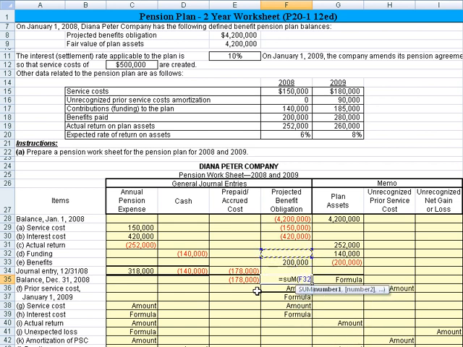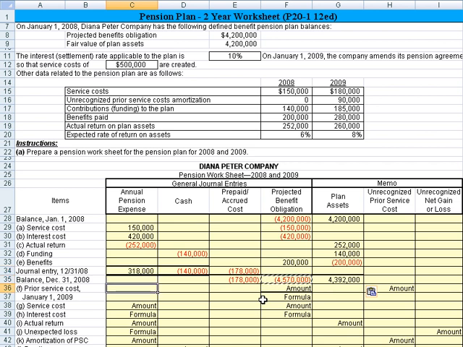This one we can sum from above, and we come up with 4570 as a credit, and 4392 as a debit. So now the plan assets at the end of 12/31/08 are equal to $4,392,000. The projected benefit obligation has shifted now to $4,570,000. And we have to record the journal entry to reflect that.